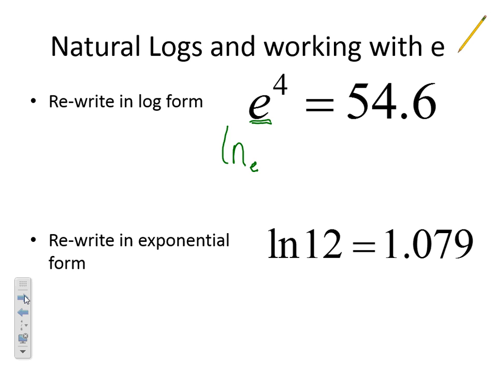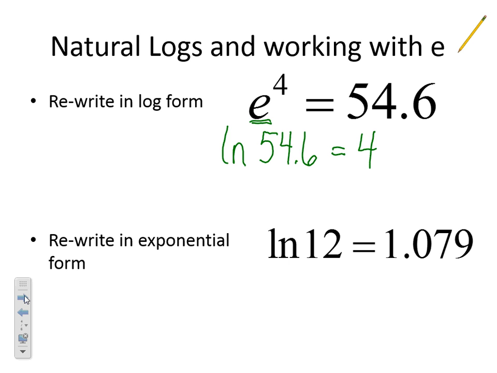If you like writing the little e, you certainly can do that. You will not see that when you hit the natural log button on your calculator, but it's assumed to be there. And then we would write the 54.6 and then the equal sign and then the exponent. Just like working with a regular log, we rewrite them in the same way, just using a natural log.